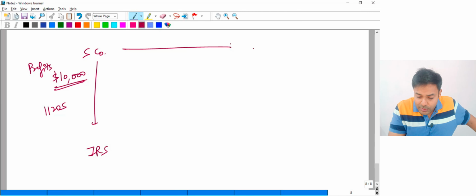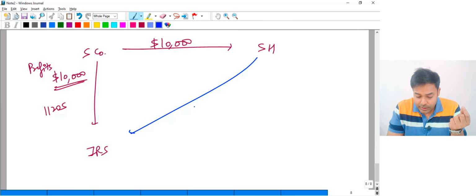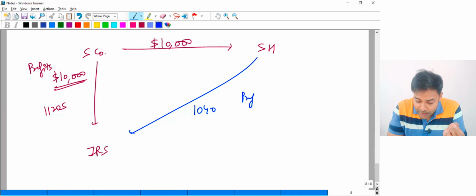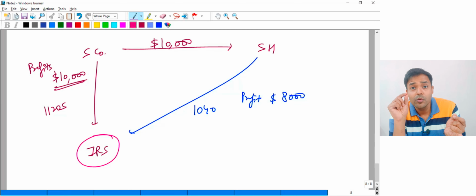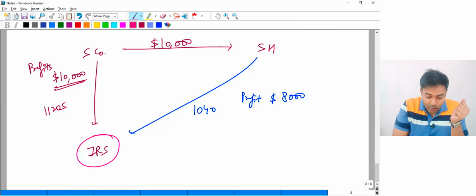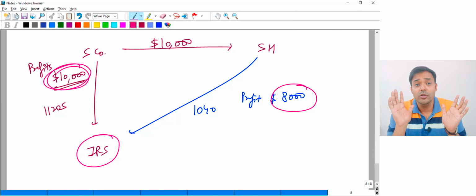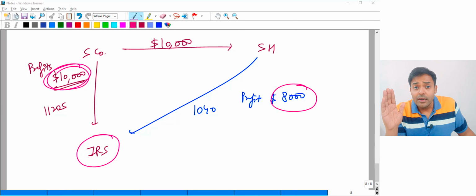It is going to inform the same to its shareholders: profit is $10,000. Now, shareholders are going to file the return to the IRS in their individual return, which is 1040. But if the shareholders file the return saying that my profits from the S corporation are, let's say, $8,000, now the IRS has both pieces of information, 1120 from the S corporation and 1040 from the shareholders. The IRS can easily identify that there is a gap and can issue a notice, because there is a gap between whatever the S corporation is saying and whatever the shareholders are saying.